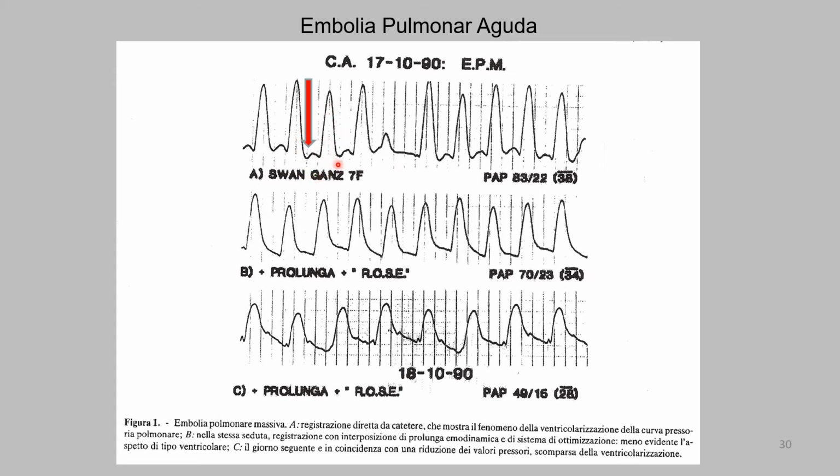At that time, it was a normal thing to do in a patient with thromboembolic disease, pulmonary embolism. It's a very precious paper because it documents for us that in acute pulmonary embolism, you also have a very high peak systolic pressure and a low diastolic pressure.